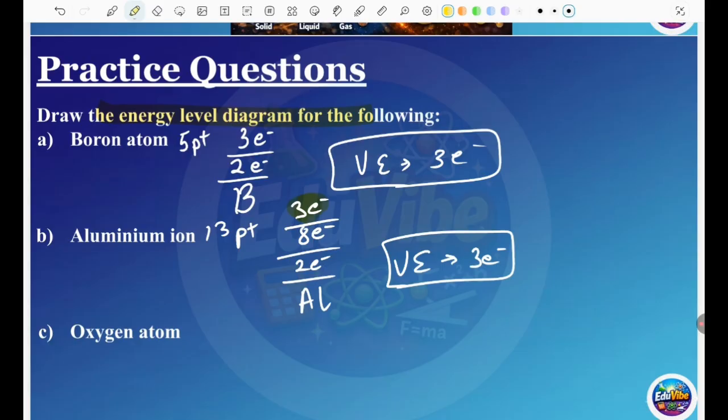So we are basically working with the 8 electrons, not with the 2 or the other valence electrons. That's something you can also do.